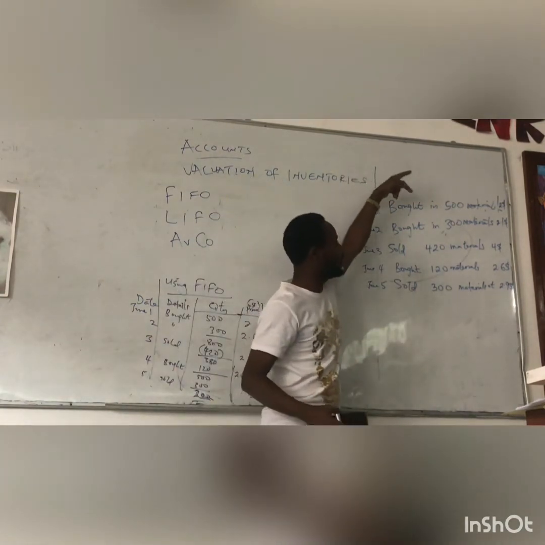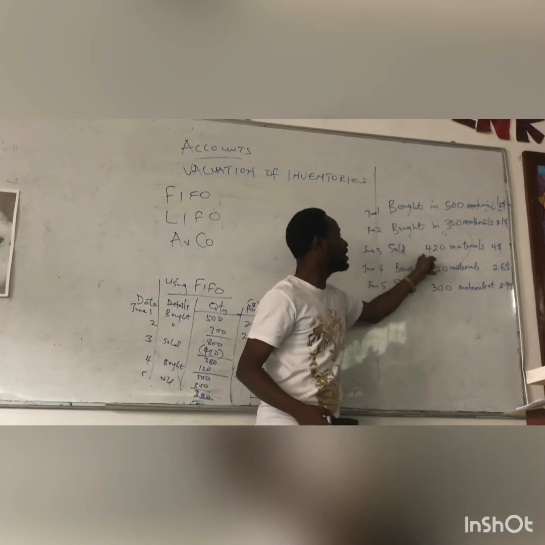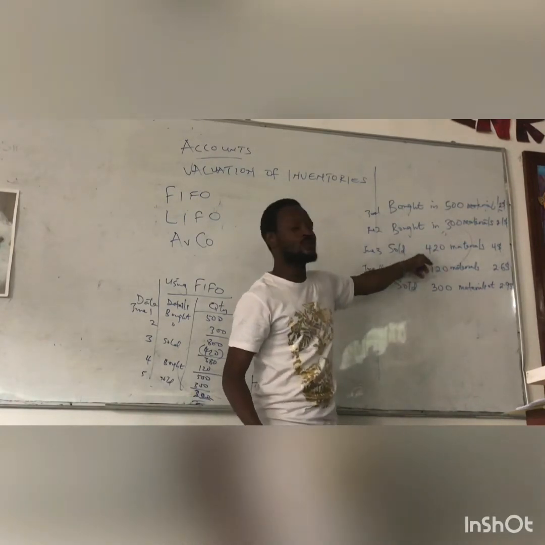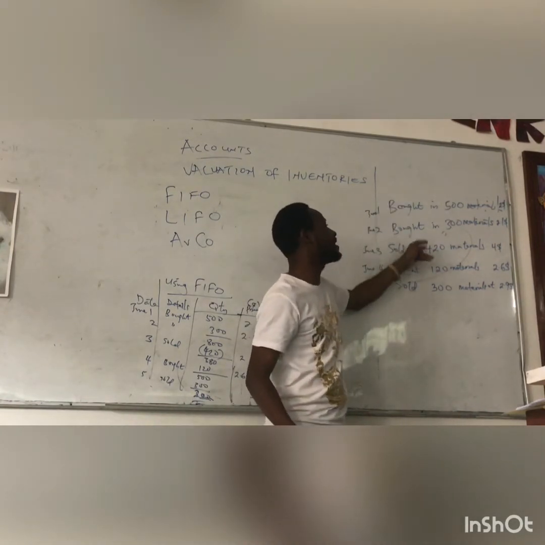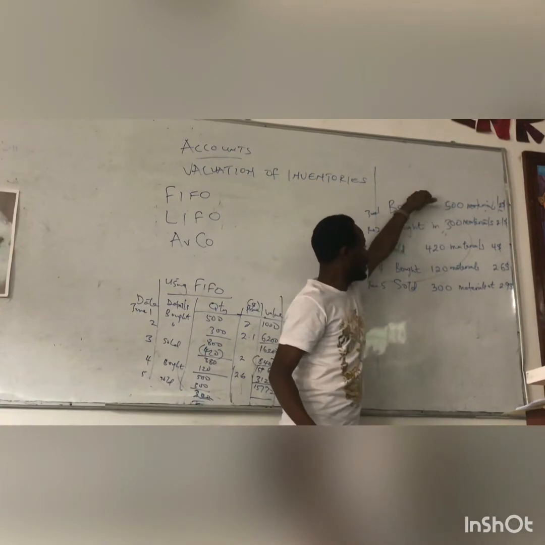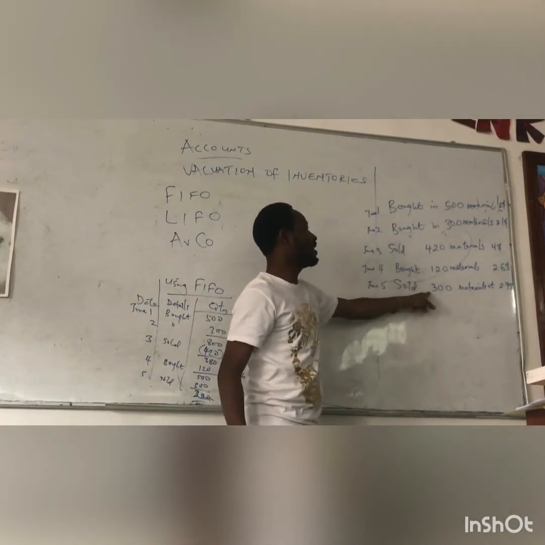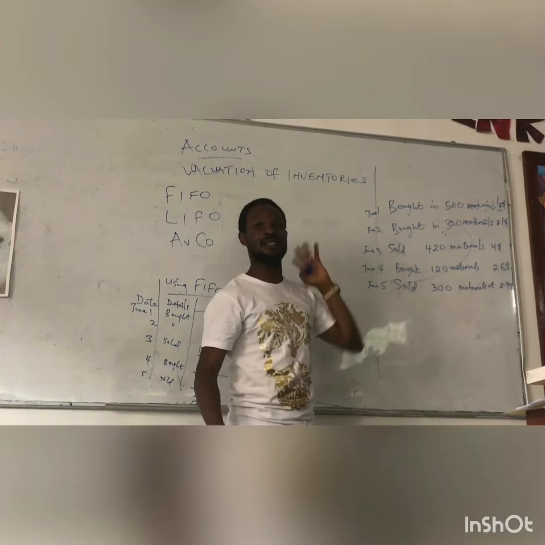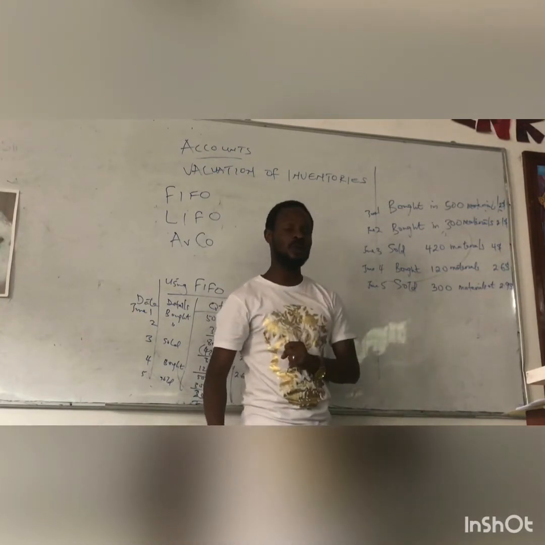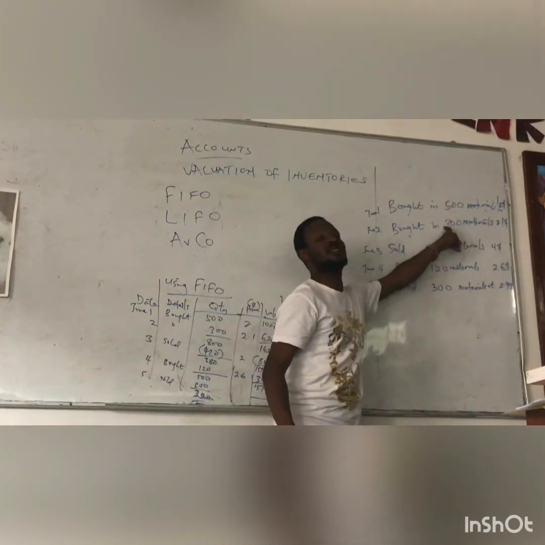So the value of this 300, remember we are using FIFO, first in, first out. From the first 500 that was purchased, 420 has been sold. So that means from the first 500, 80 is remaining here. But we sold 300. That means that 80 is first taken, then the other 220 would be taken from this value.